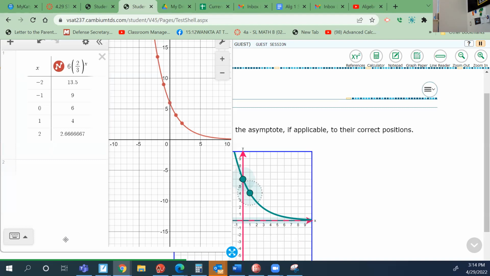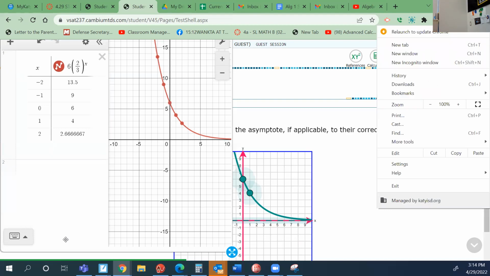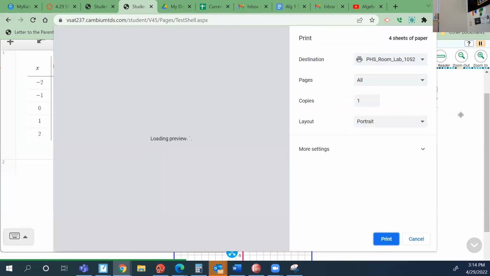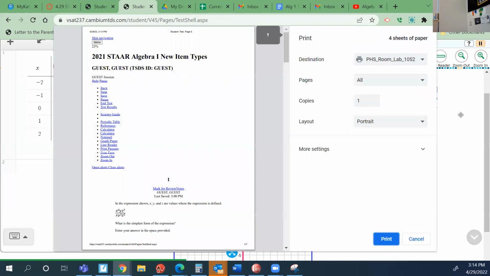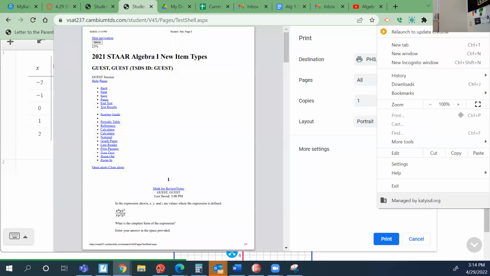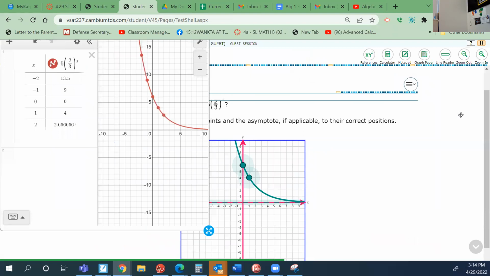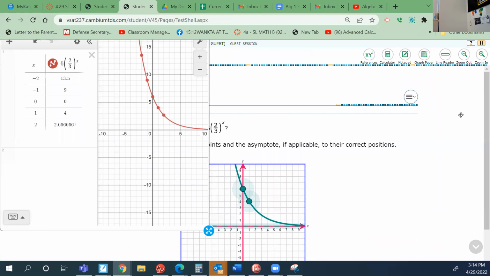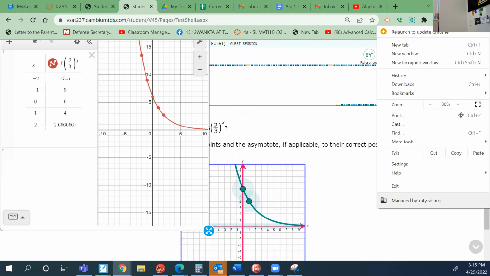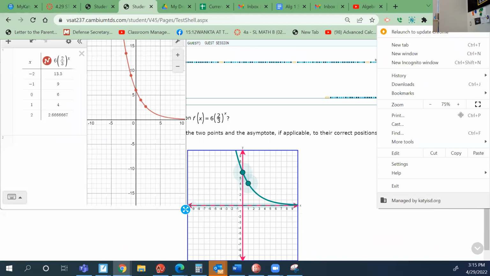Let's go back to the test. I need to close this thing. Oops, that's not what I'm looking for. Oh man, what did I do? Sorry, guys. Zoom, cancel, don't want to do that. I'm trying to close out the Desmos graph, but I can't see the X button to do that.